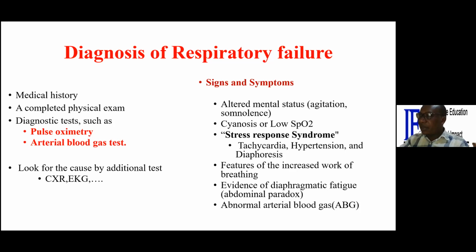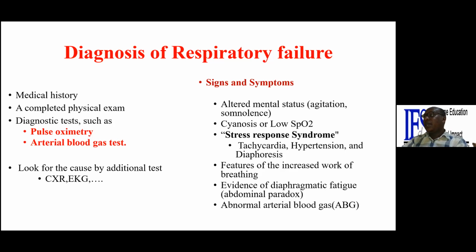Of course, for clinical manifestation, the patient will present with altered mental status, cyanosis, or low SpO2 by your pulse oximeter. Of course, this triad of stress response syndrome: tachycardia, hypertension, and diaphoresis. Those are the features that the patient is really agitated and using extra work from the accessory muscle use.